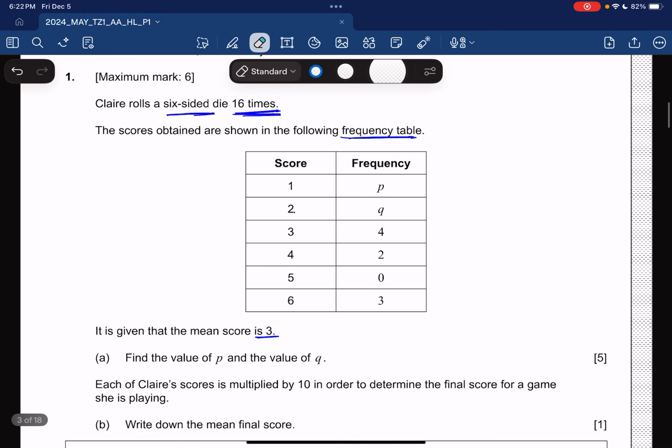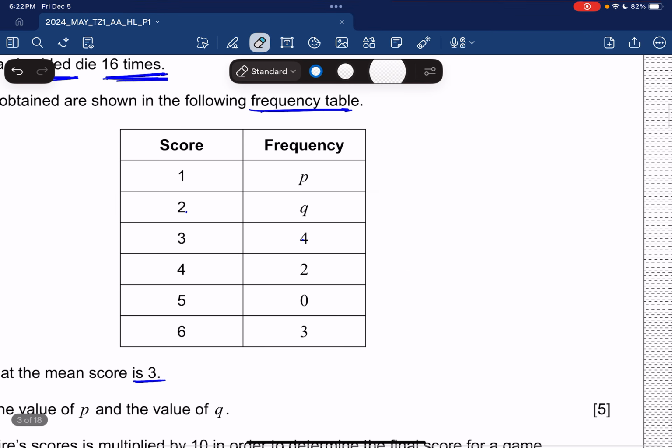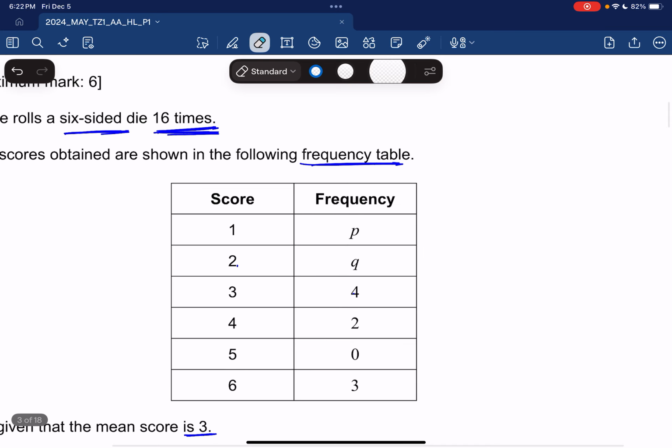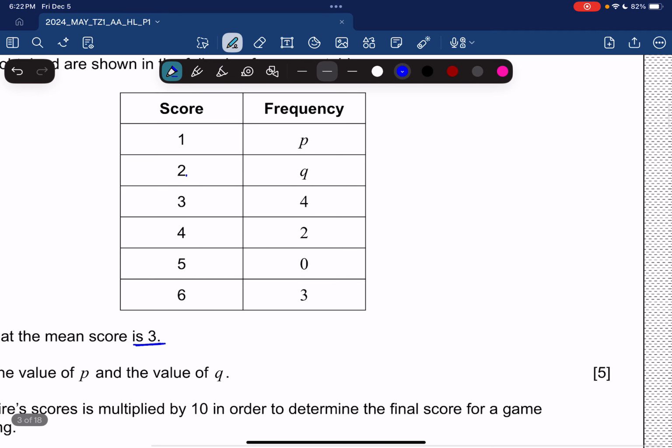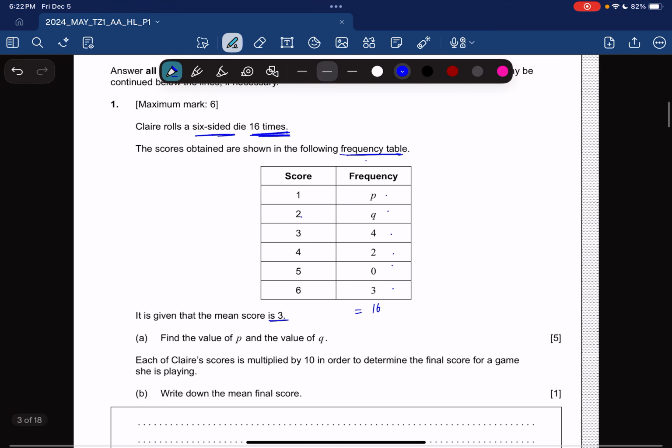So the first thing that I note is that there is a relationship between the number of times I roll the die and the frequency. When I add all of the frequencies of my outputs, this should give me 16. Now, I found the relationship between the frequency table and the number of times I roll the die.